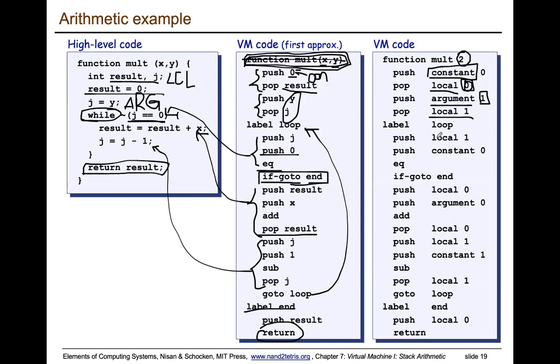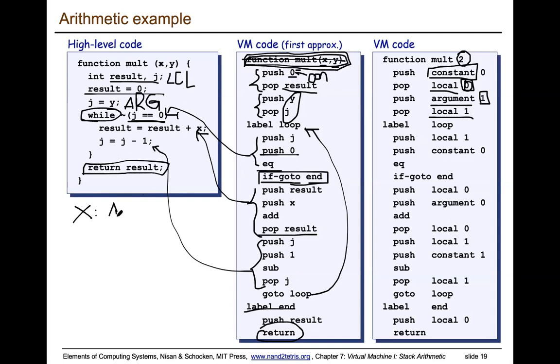Then I create a loop, and then you just replace. What the compiler does is look at this code, generate this, and create a table to say x is argument 0, and y is argument 1.